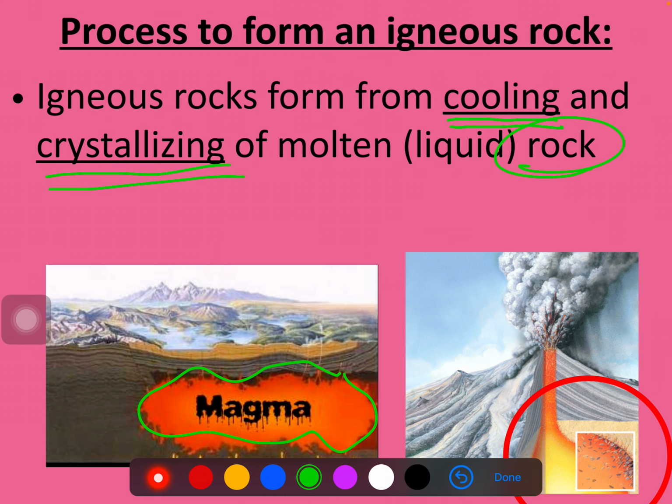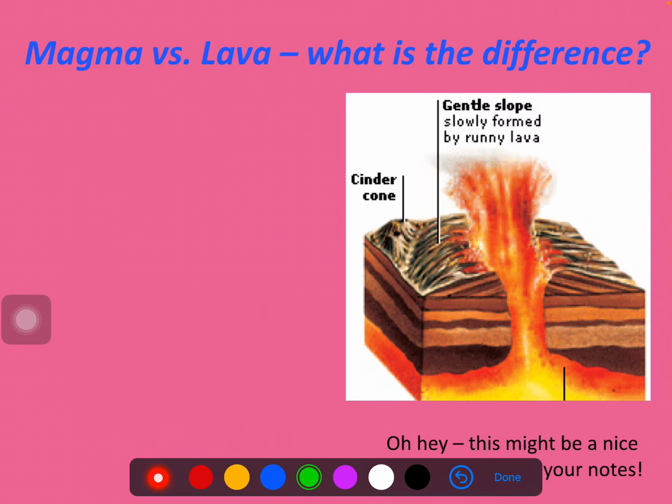So these rocks over time go from this molten state into these small crystals, and those crystals are what we can then see within the rock, either bigger or smaller, depending on how they formed. And it really depends where they form to give us an idea of what type of crystals these rocks have.